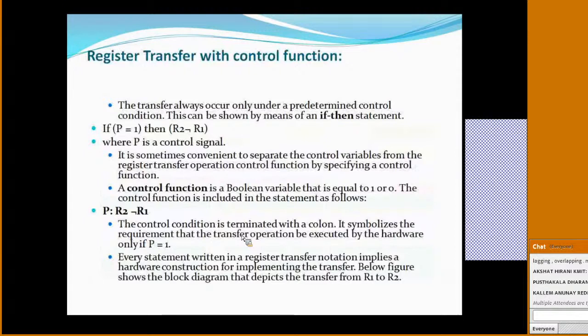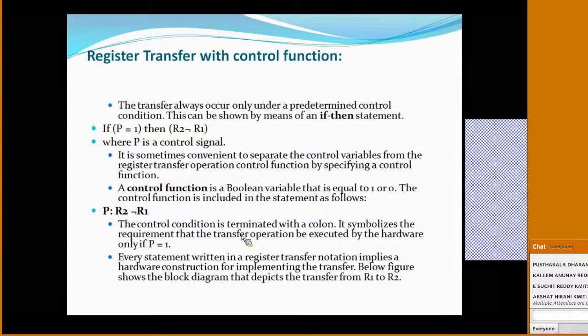Next is control function: register transfer with control function. In the beginning, I told you that your CPU mainly has three components: the control unit, the ALU, and the different types of registers. Now, when you want to perform any operation, there should always be a predetermined condition to be satisfied, like an if-then statement.